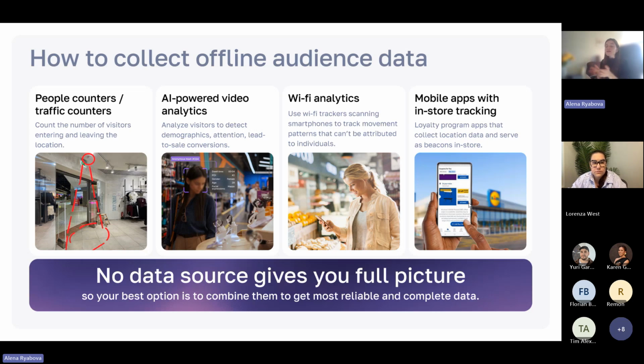The same here with offline analytics. One data source won't give you the full picture, but let's see what you can get with the minimum investments and minimum actions.